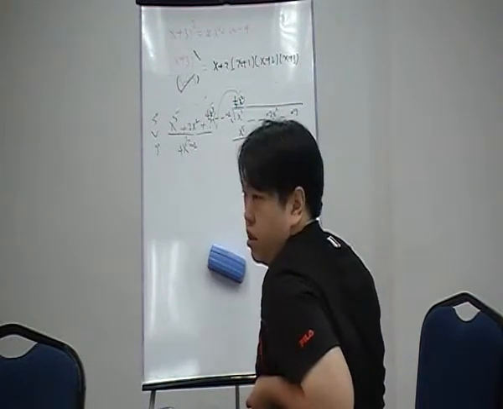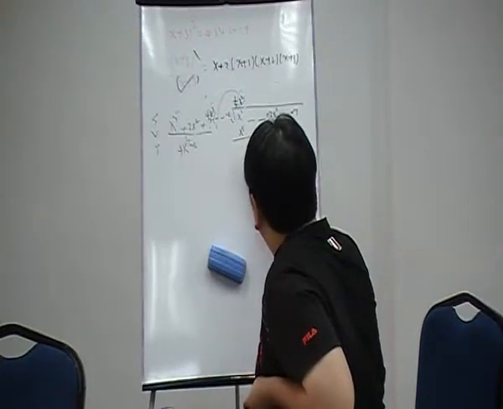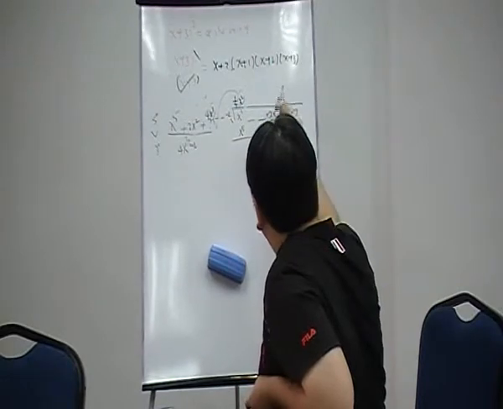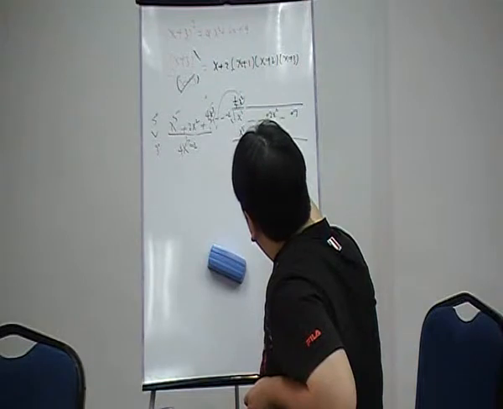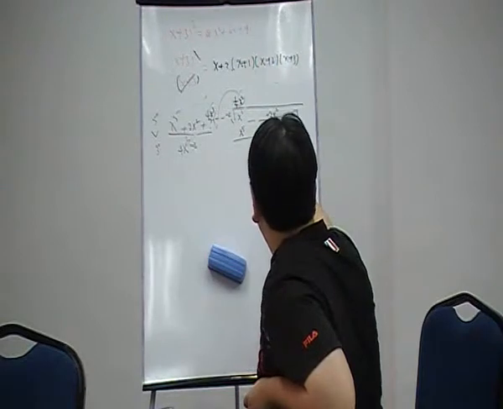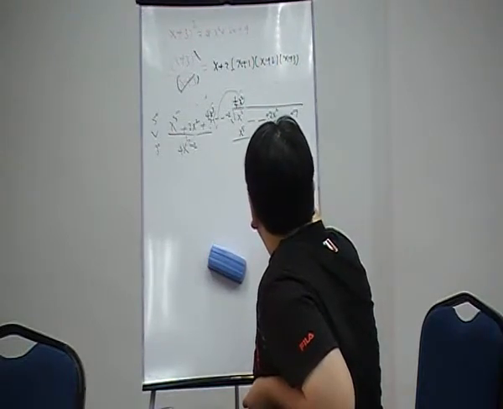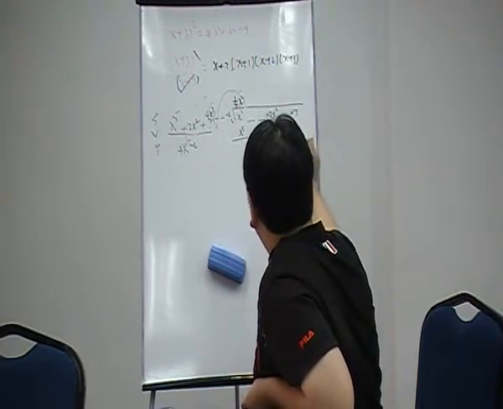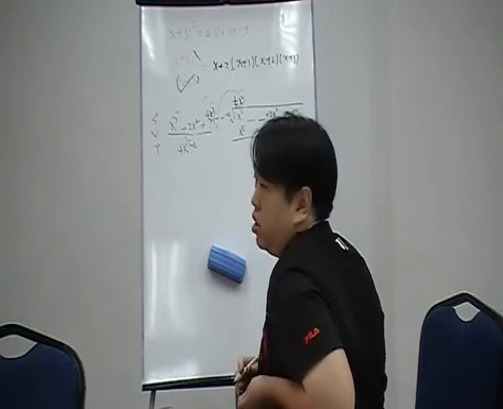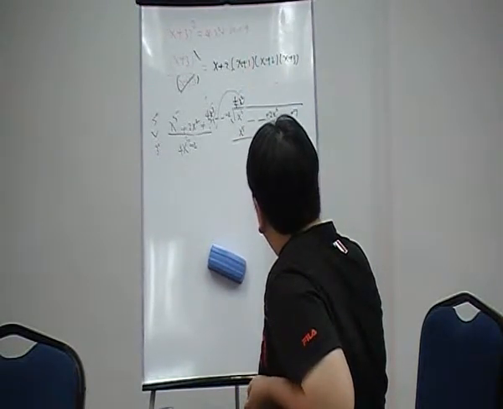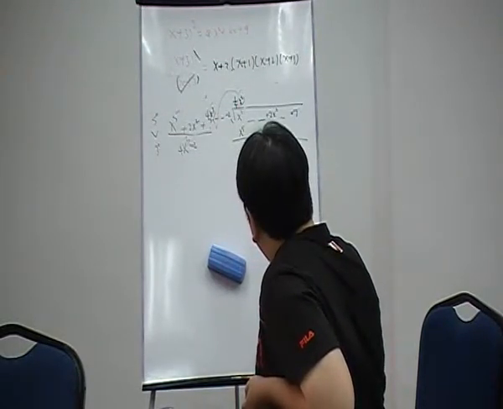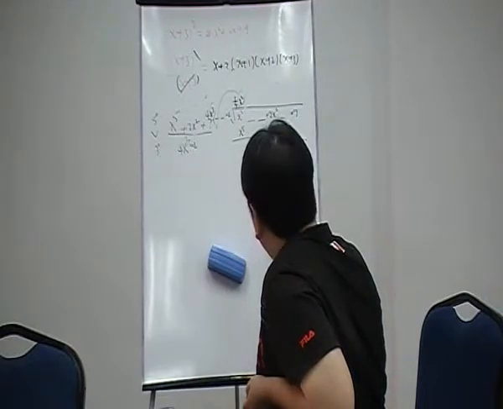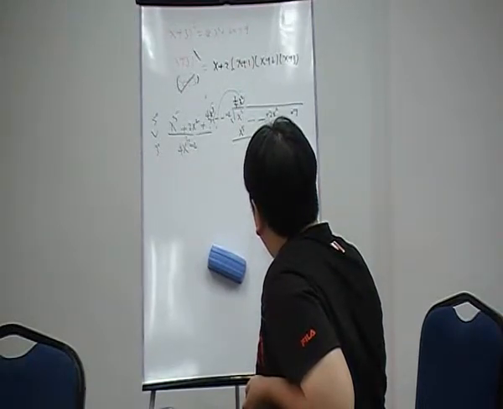So subtract. This 0, 0, 0, 0, 0. This one, subtract, I got 3 over 4 x squared? Not 3 over 4. What do you do? 2 times 1 over 4?